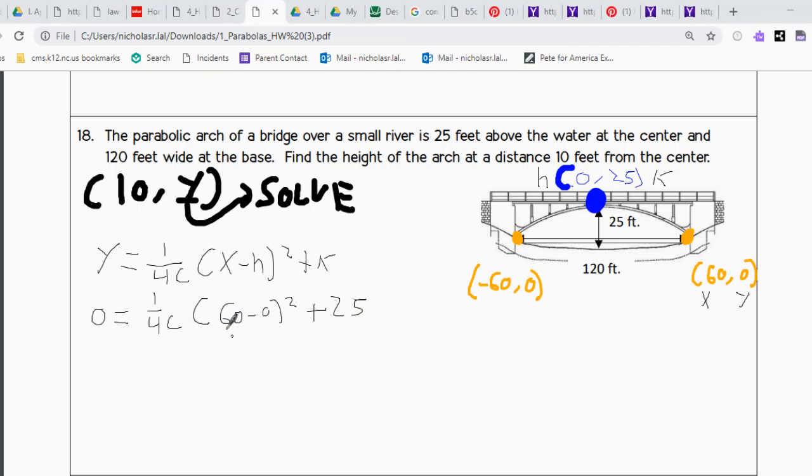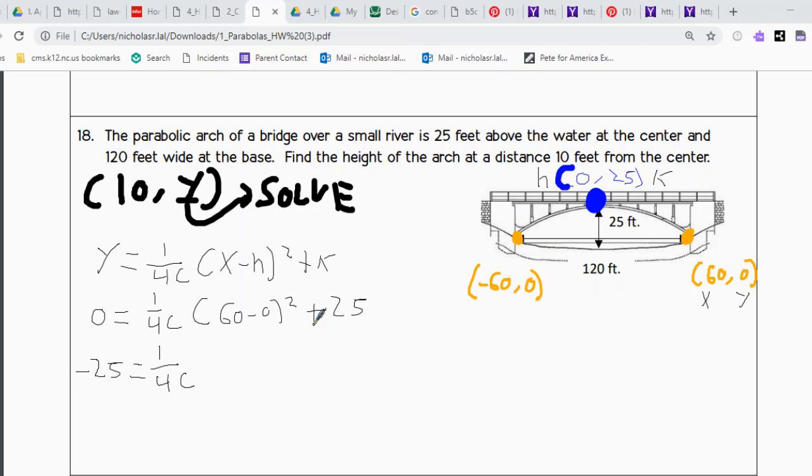So 60 times 60 is 3,600. So we have negative 25, subtracting 25 from each side, is equal to 1 over 4c times 3,600.